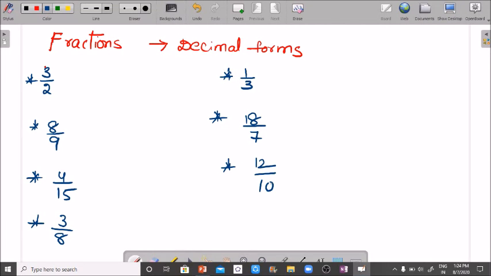Okay, here are the fractional forms. Let's learn how we can change fractions into decimals.